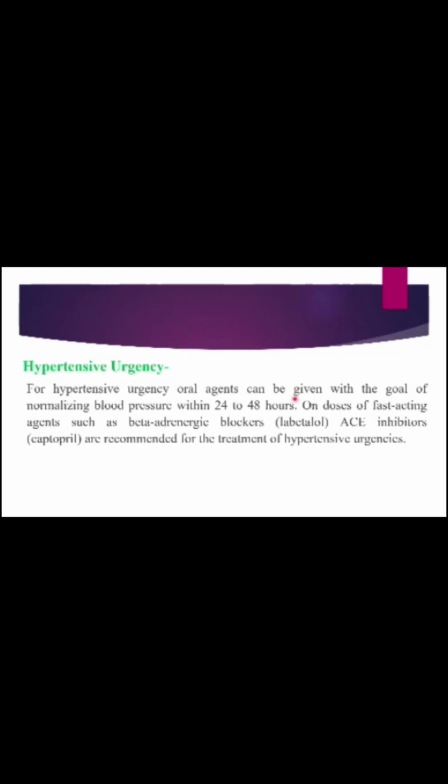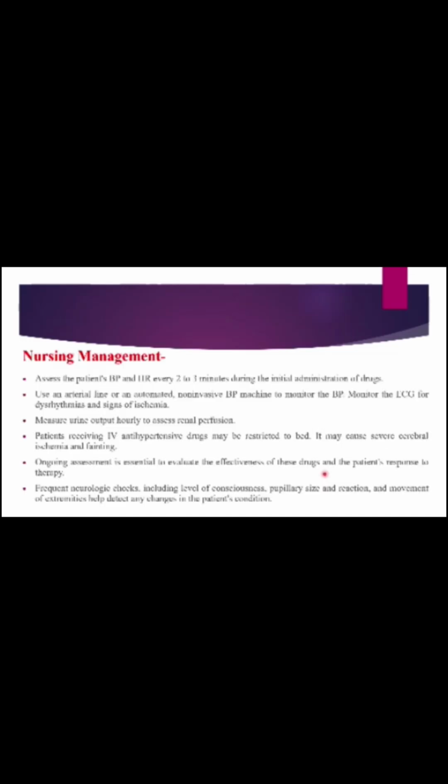For hypertensive urgency, oral agents can be given with the goal of normalizing blood pressure within 1 to 2 days. Fast acting agents such as beta adrenergic blockers and ACE inhibitors are recommended for the treatment of hypertensive urgencies.